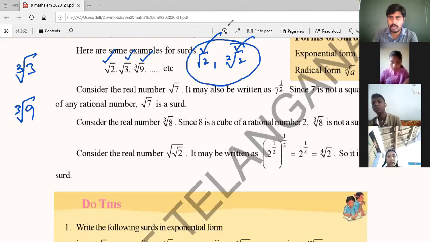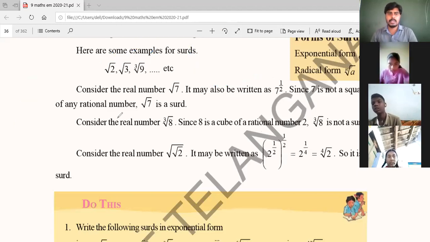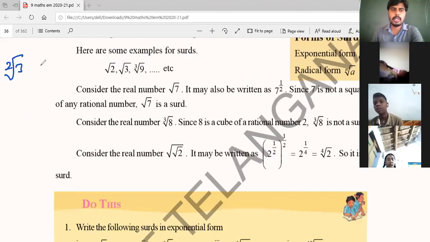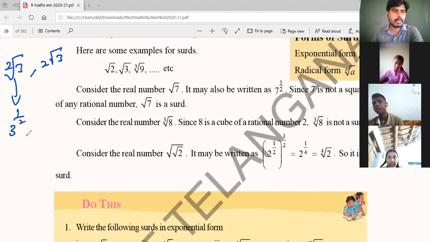I want to give you some clarification. Square root 3 is different from 2 root 3. Square root 3 we can write as 3 power 1 by 2, and 2 root 3 is 2 into root 3.